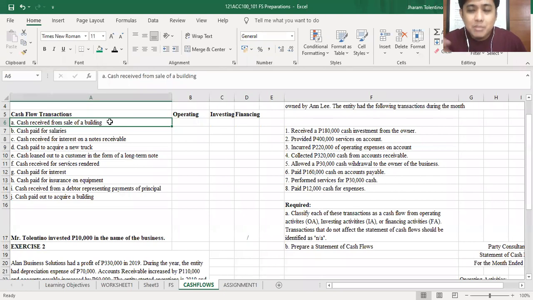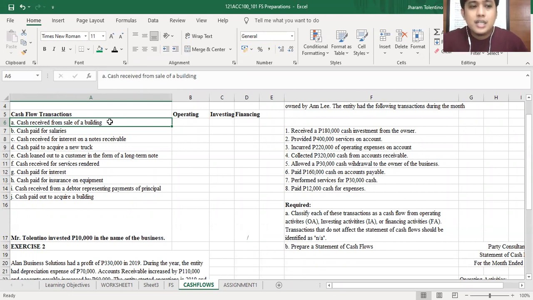Pag investing activity, ano sabi ko? Lahat ng tungkol sa non-current assets. Pag financing, source of fund. Saan ba nanggagaling yung pondo ng business? Nanggagaling yan sa owner, so owner investment, or galing sa creditor pag umutang. Kaya financing activity yan. Bihira ang financing activity.